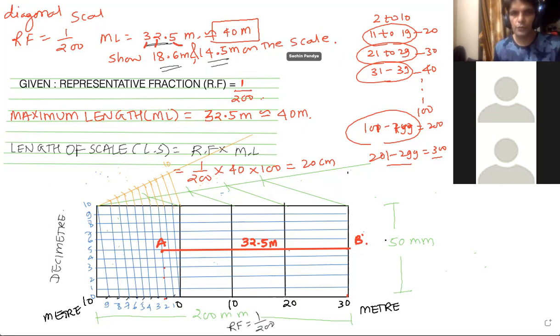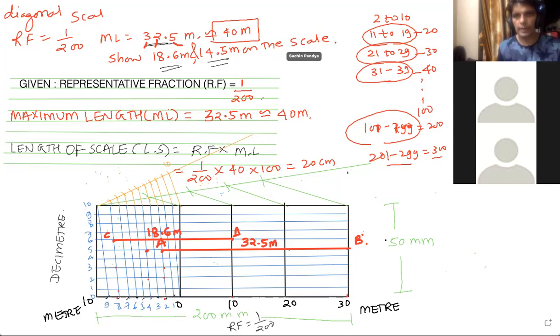Now, same way, if I want to do 18.6, so 10, 8, 18, then 1, 2, 3, 4, 5, 6. So this is C and this is D. So this distance would be 18.6 meter. Now how will you mark 14.5? So 10, 4, 1, 2, 3, 4, 5.